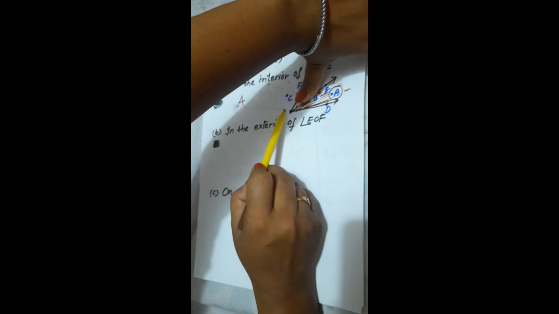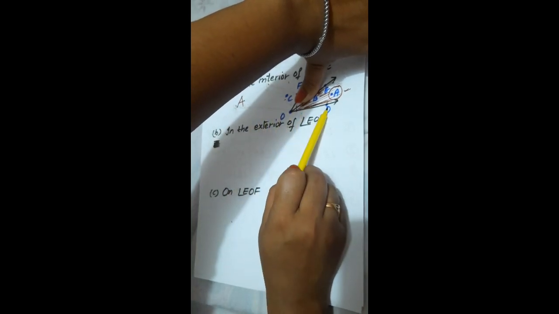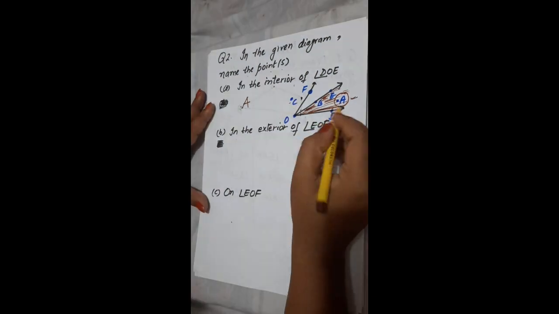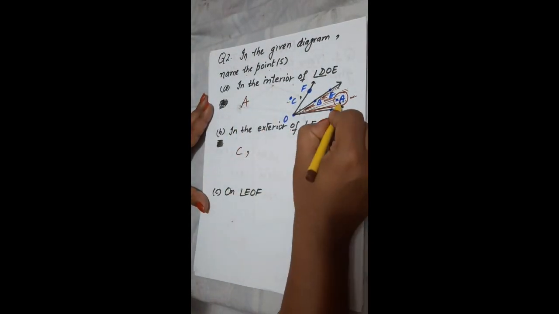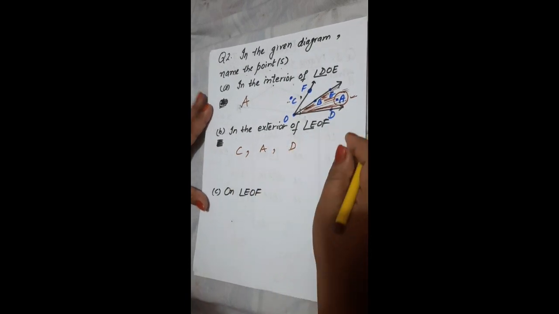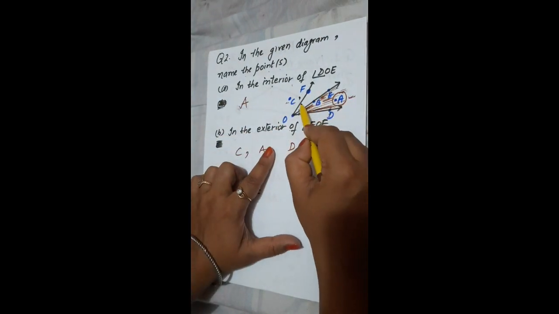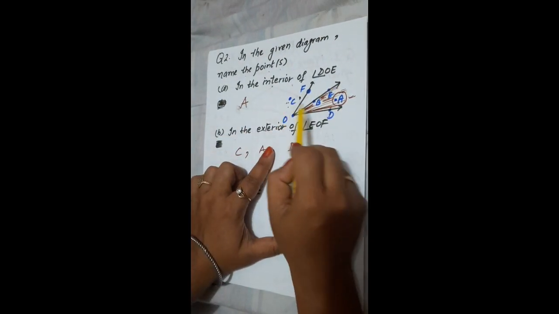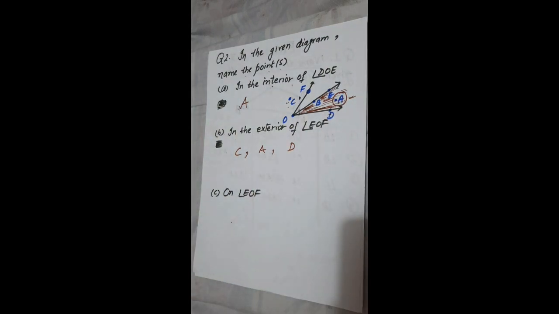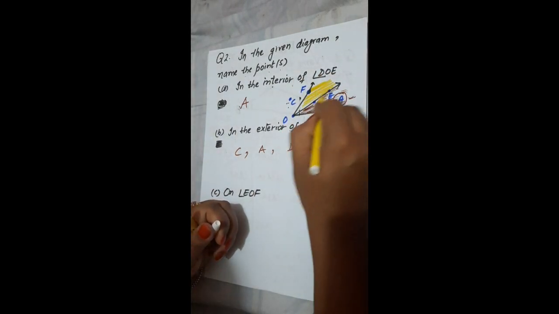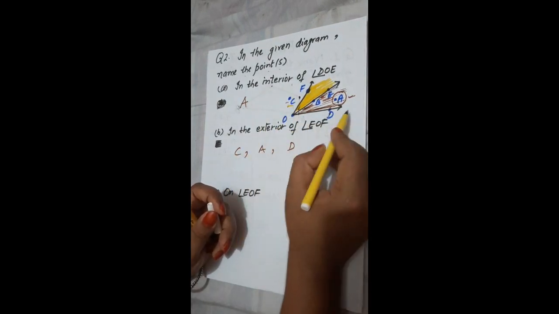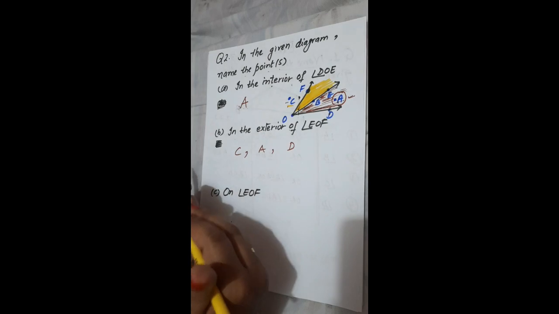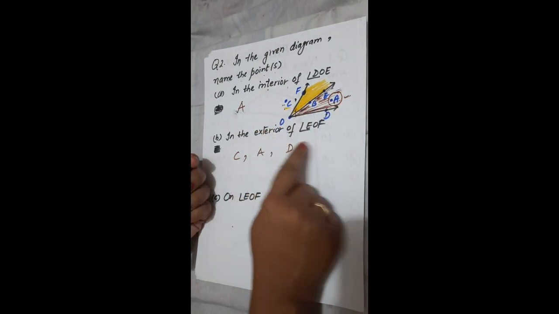In the exterior of EOF, point C, point D, point A. Write this: point C, point A, point D. So in the exterior of EOF, this angle, the points are C, D, A. As we know that EOF is this angle, and in the exterior we have this C, this D, this A. These lie in the exterior.